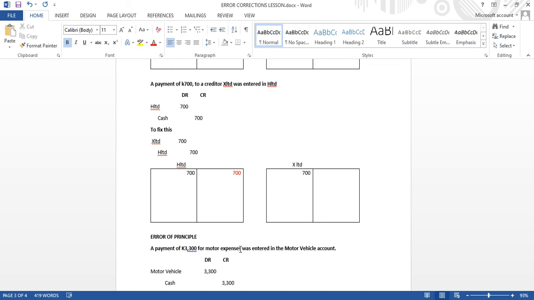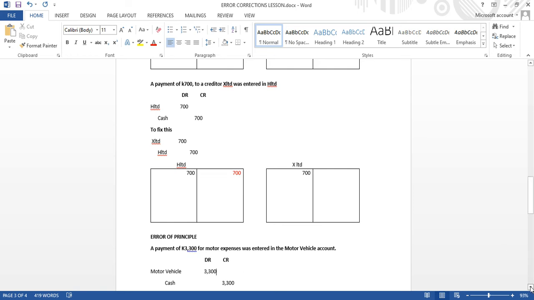So here, we have to remove this 3,300 from the motor vehicle account and transfer it to the motor expenses account. Same as previously for the error of commission, we'll credit the motor vehicle account 3,300 and debit the motor expense account 3,300.